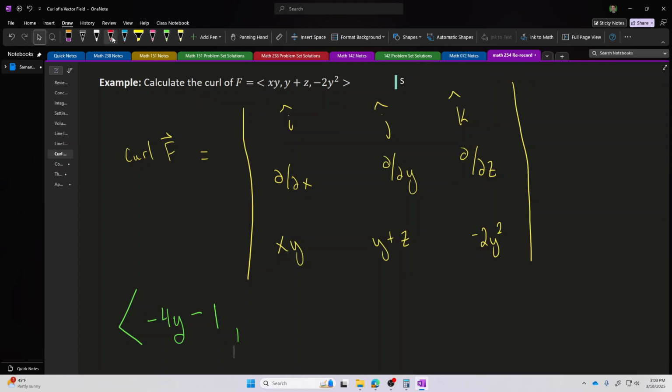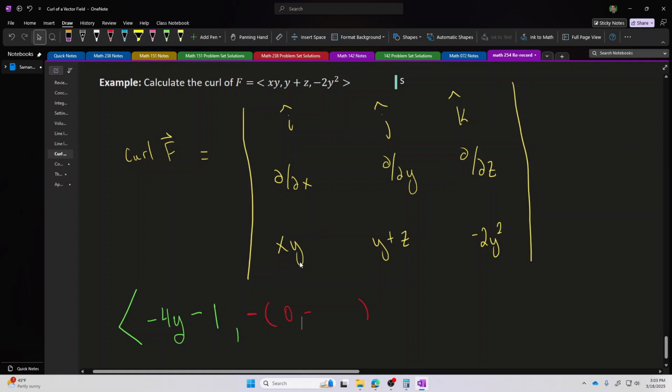Okay, next we're moving on to the j hat entry, which we recall has an extra minus sign. Now we'll calculate the partial of negative 2y squared with respect to x. So that's going to be 0 from that. And then we're going to subtract the other diagonal, the partial of xy, as taken with respect to z.